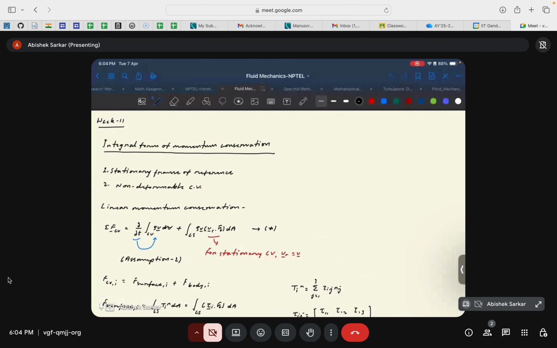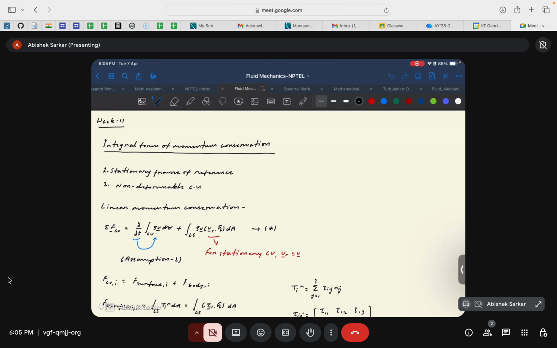In this week, we will discuss the final part of this course, that is the integral form of the momentum conservation, which basically means we will start discussing the Navier-Stokes equation, and then we will discuss some exact solutions of the Navier-Stokes equations, namely the flow between two infinitely large parallel plates and flow through a pipe.